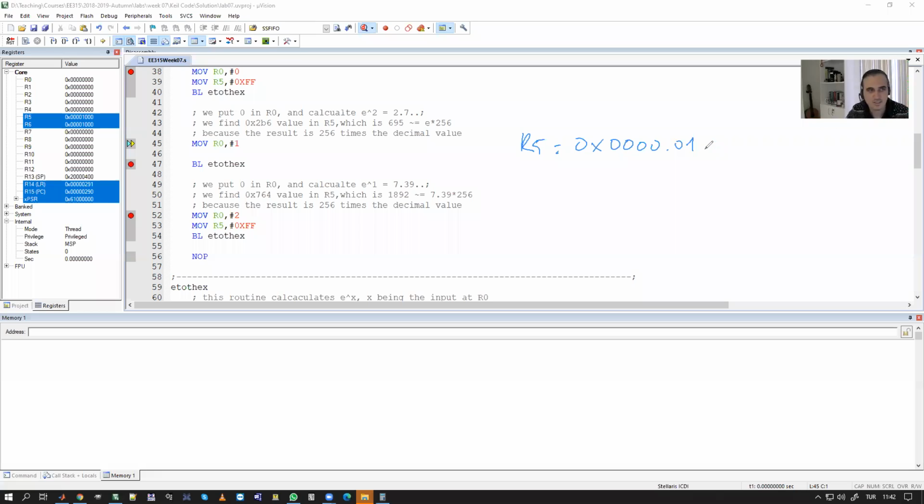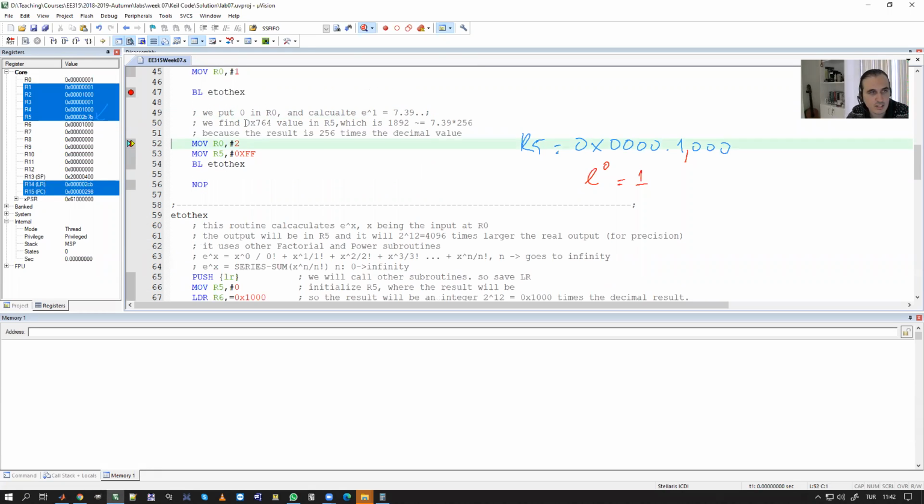No, it is not like that. It is 1, 0, 0. As you can see, it is here. So where is the decimal point? It is here. So it is 1. Again 1. e to the 0 is equal to 1. Let's continue.